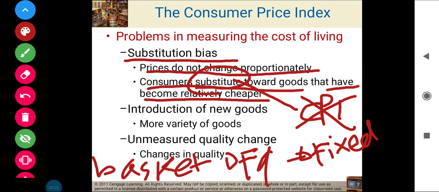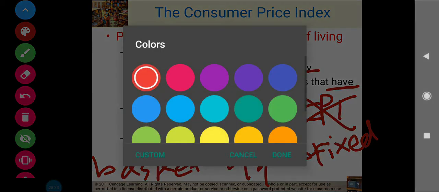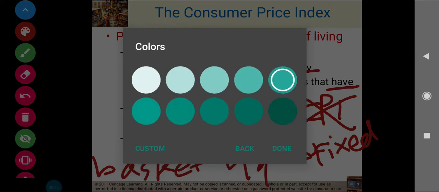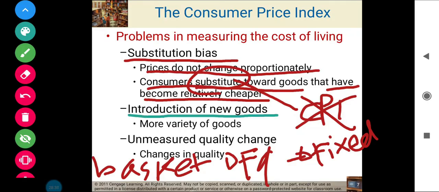And then the second problem is the introduction of new goods. More variety of goods. It means the introduction of new goods can increase the variety of goods for consumers to choose from.